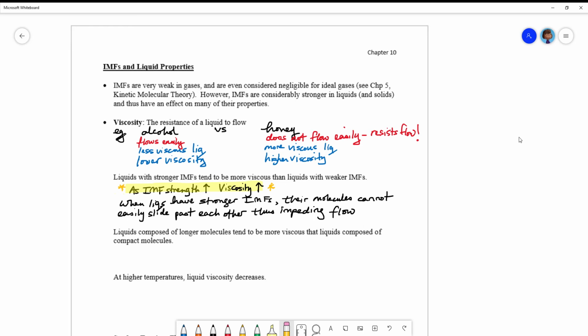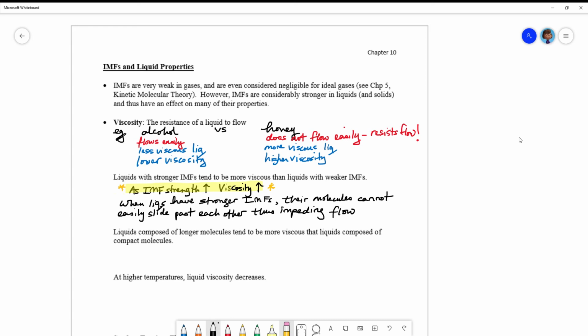Well, think about long molecules. All right, what can they do? They can get tangled up with one another. And if they're tangled up with one another, they're not going to slide past each other very well. And so longer molecules, more entanglements lead to impeded flow. And that's why these liquids tend to be more viscous. So I'm going to write that little explanation down for you as well.